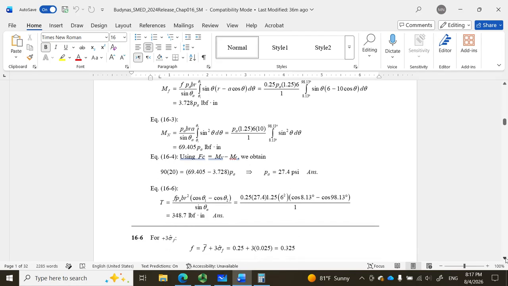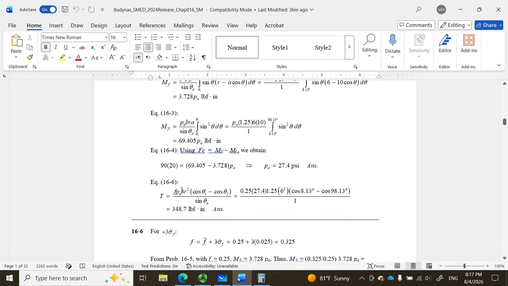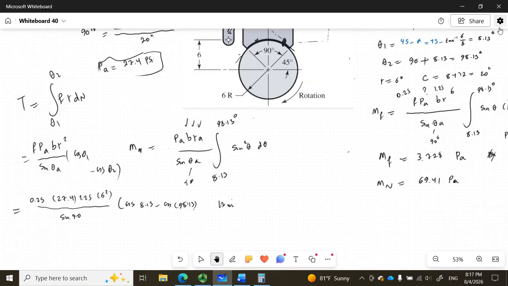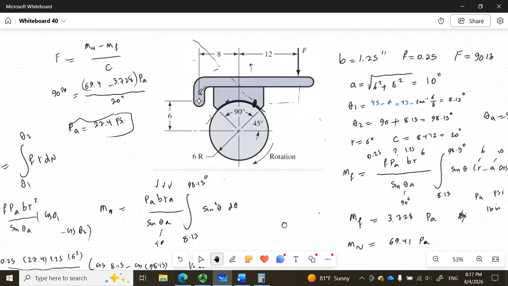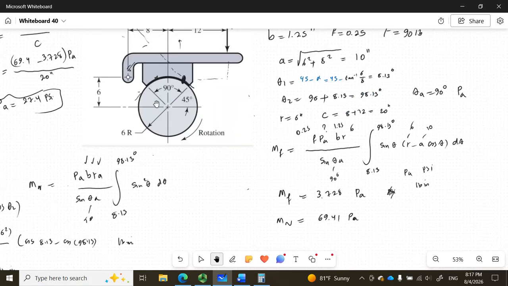You put all these guys here, it's gonna give us 348.7 pound inch. There you go. This is the torque, right? Braking torque on the cylinder.